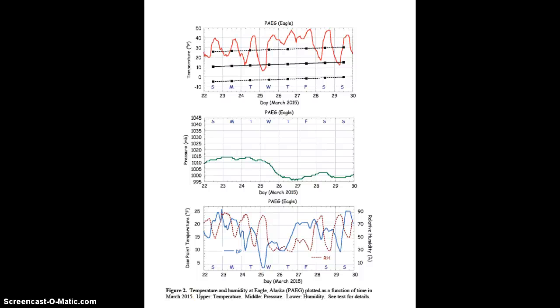And looking at the weather maps and the temperatures, the 24th in Eagle was clear, and then into the 26th, when the relative humidity and dew point were overlapping, the weather was foggy, and by looking at this, there would be a chance of precipitation on these overlaps.